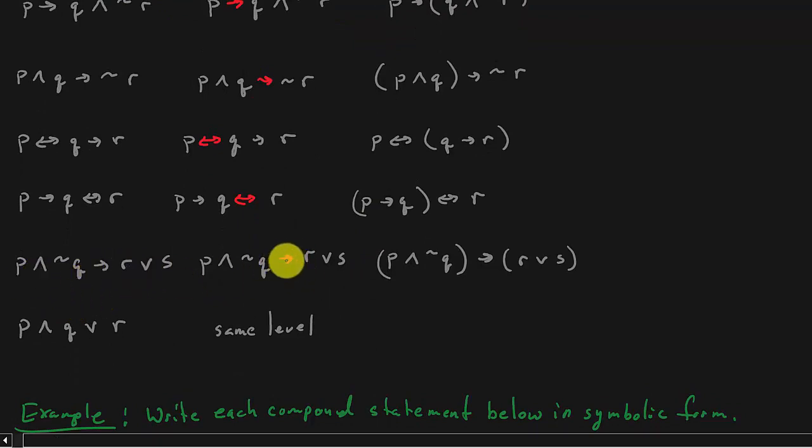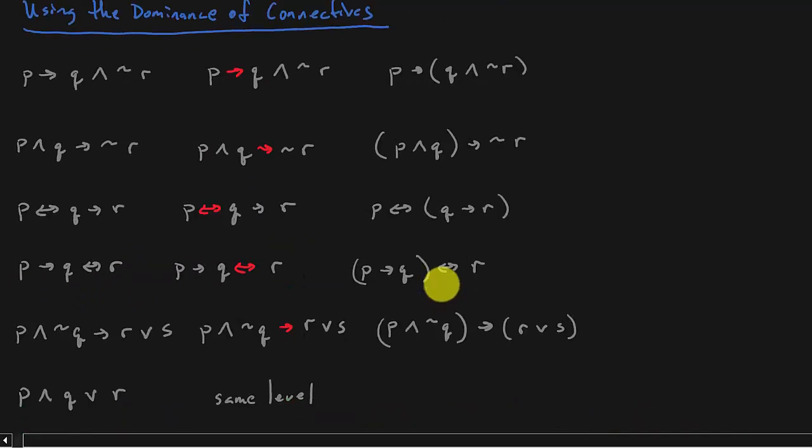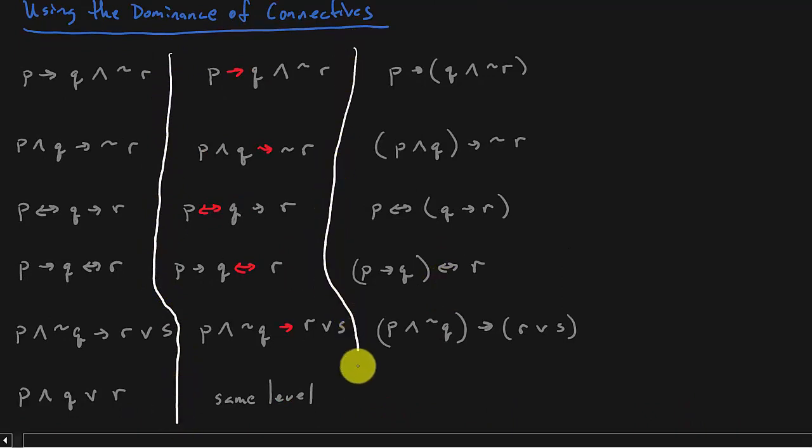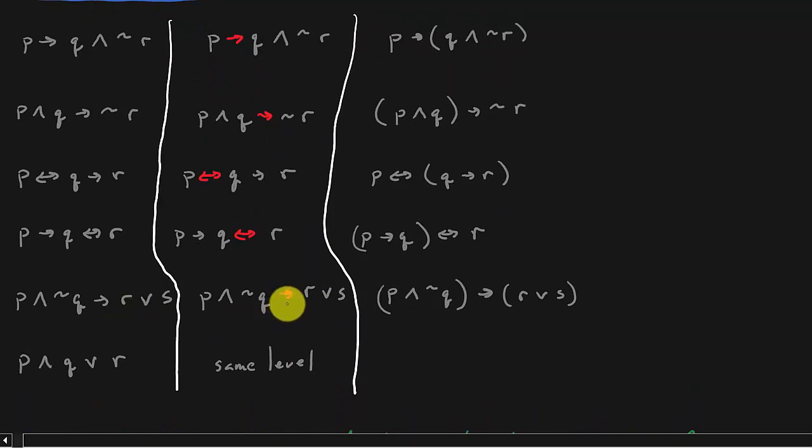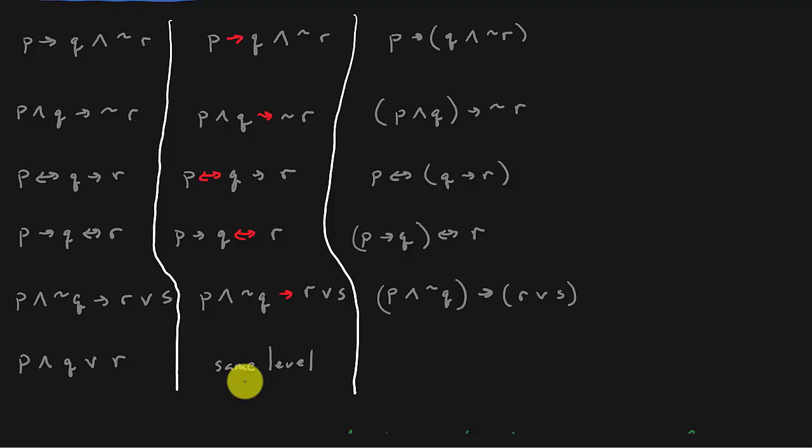I've got it written down, then I've got it written with the dominant one in color. Let me maybe do this. This is like having 3 columns here. And see, in the red, it shows the dominant, so I'm going to group those together and group these together. And then these have the same level of dominance. Remember, the and and the or connective, they're the same.